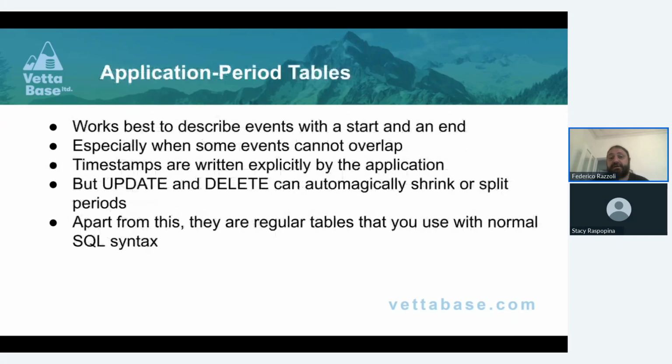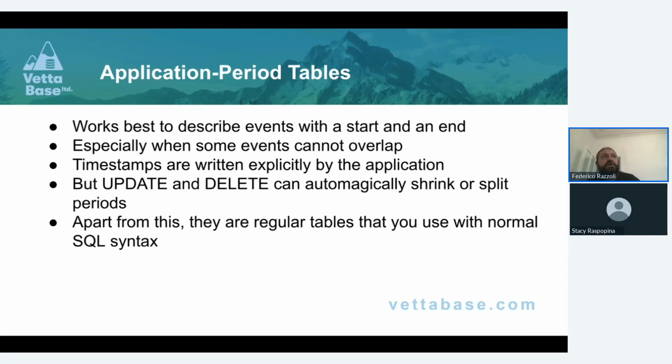Application period tables are different. They are not automatic. Actually, if you don't use temporal features, an application period table is just a normal table. There is no difference basically. But you can use some features to handle periods of time in an easy and powerful way. It works well if you have a table that describes a range of time.